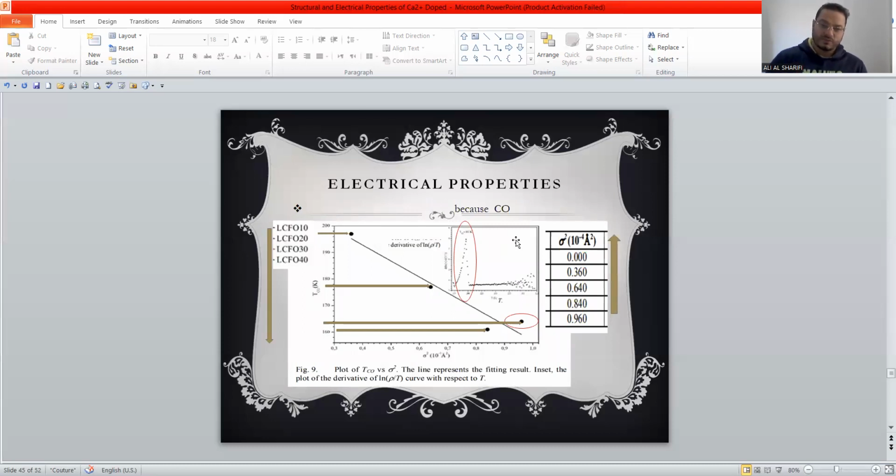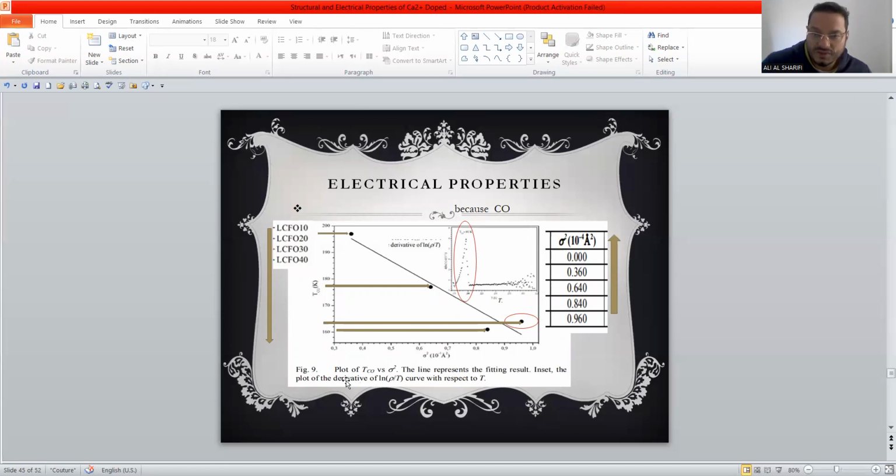the plot explains to us the charge ordering temperature with different amounts of doping element concentrations. Here it started from 0.3; here we don't have 0, we can cancel it.